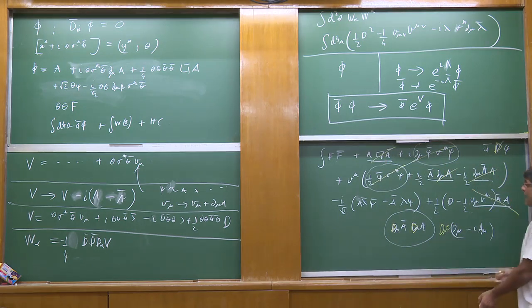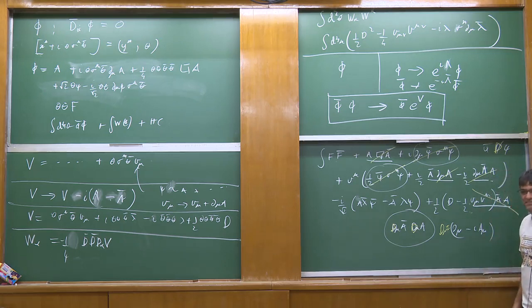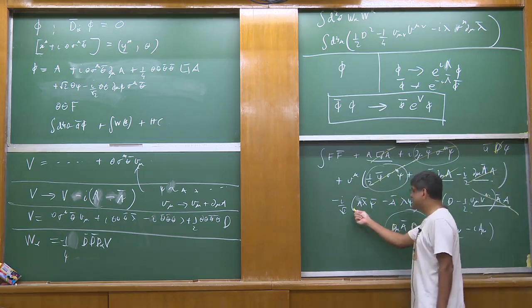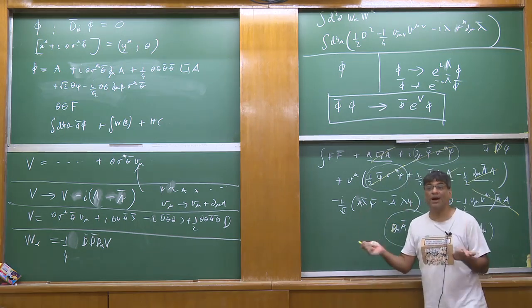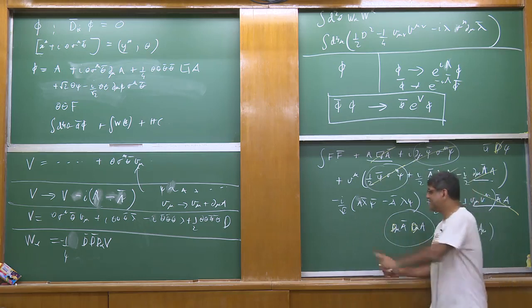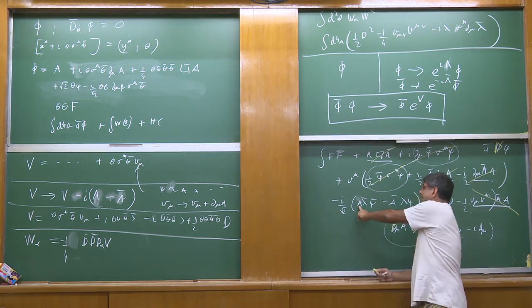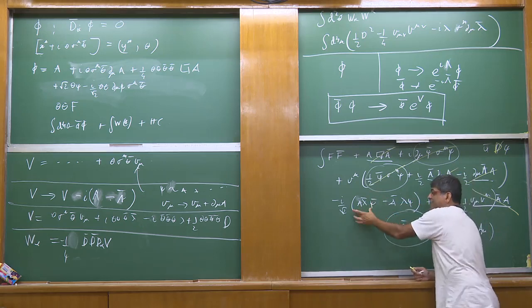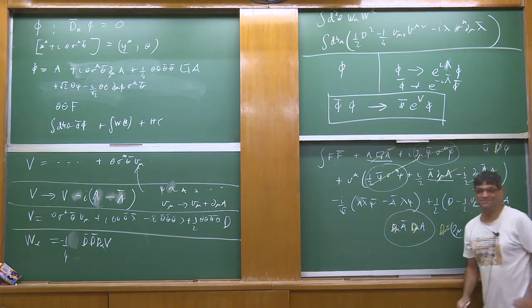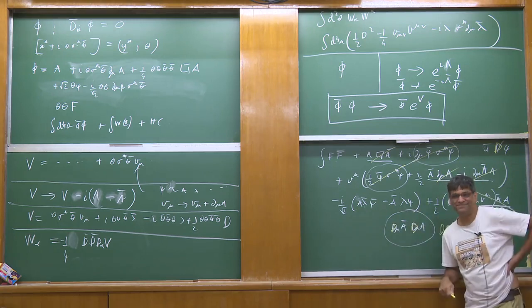Okay, so what is left? There are two terms that are left. The first term is an interaction which is of Yukawa type. You see, the scalar field of the chiral multiplet and the complex conjugate of the spinor in the chiral multiplet together interact with the gaugino, in some particular manner.